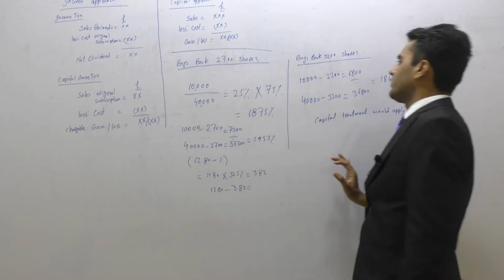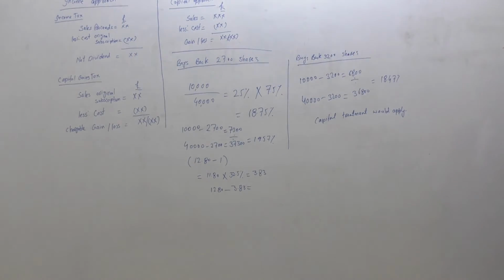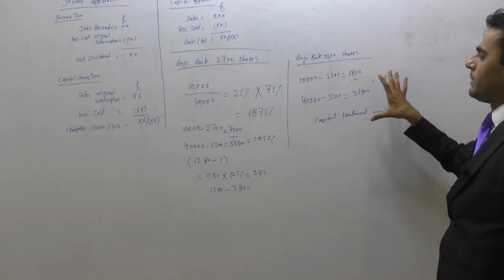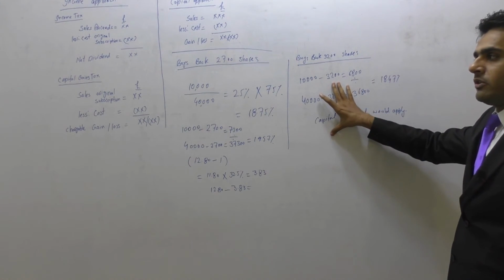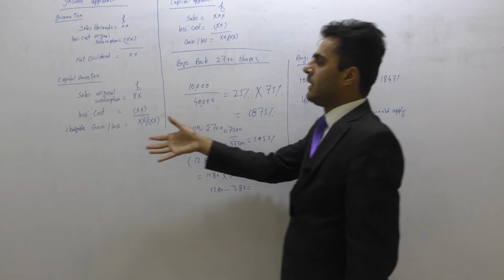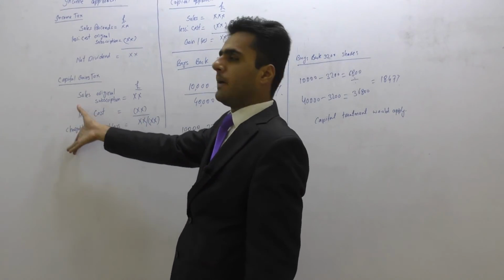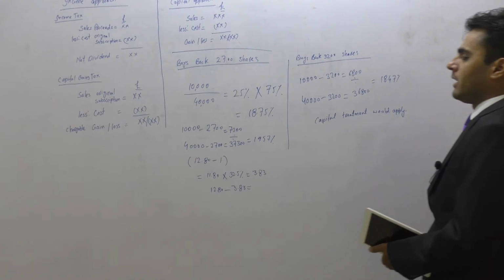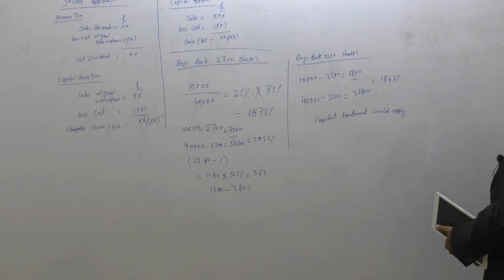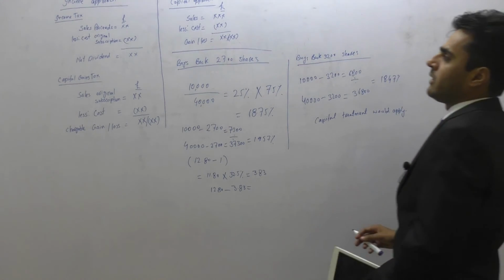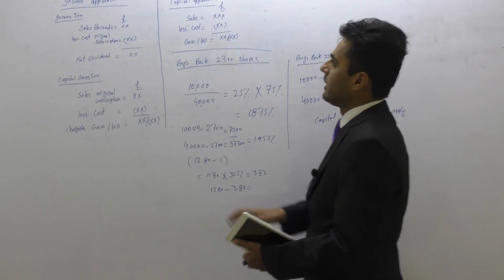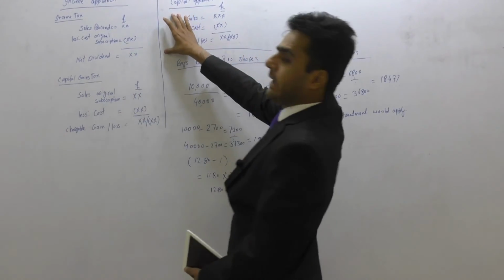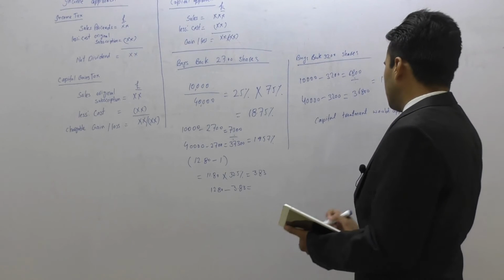Right, now it says what would be the after tax sales proceeds if the company buys back 3,200 shares. Now we know in this case the capital gains tax treatment would apply. And we will do the capital approach, so the sales would be the market price.